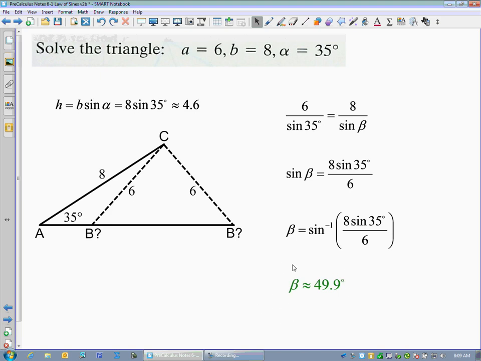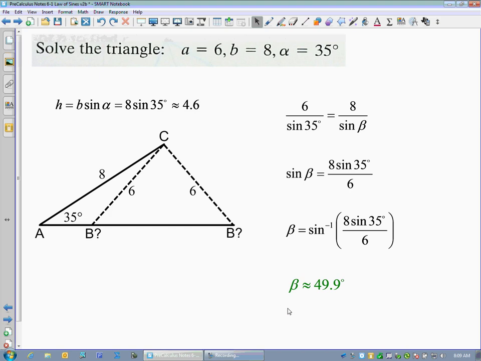Now, if you remember from earlier, the calculator only gives you the answer that's within the restricted domain. So it only gives you one of these two possible answers. To find the second answer, the rule for sine is once you know your first answer, your second answer will be pi minus that first answer if you're dealing in radians, or 180 minus that first answer if you're dealing in degrees.